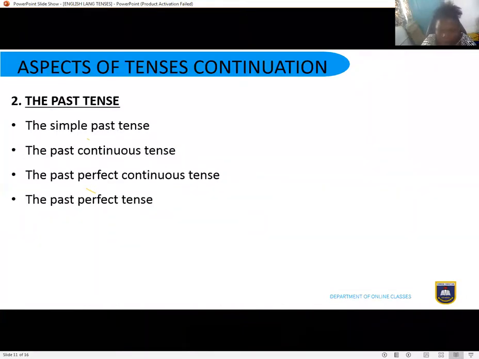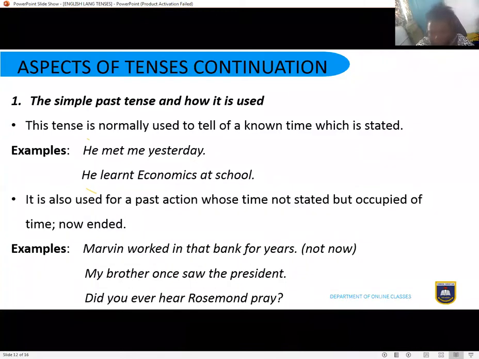The simple past tense. We'll look at this and how it is used. Now, the simple past tense is normally used to tell of a known time which is stated.